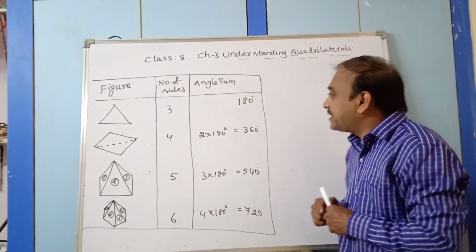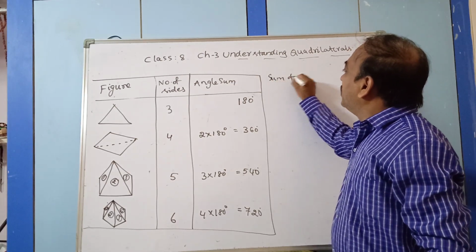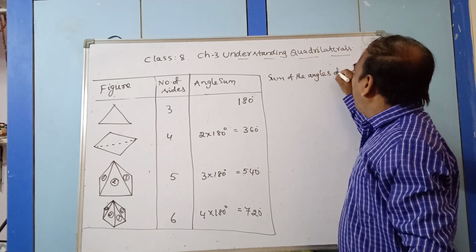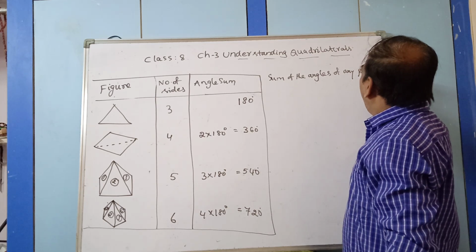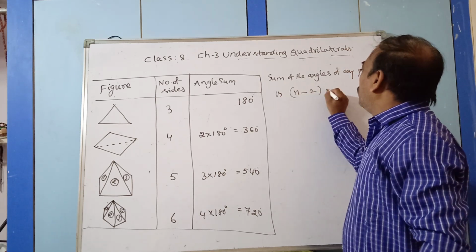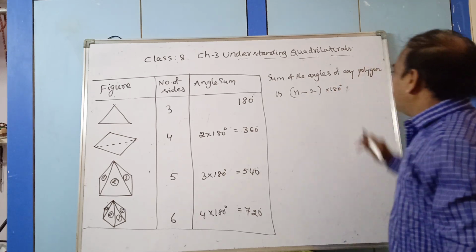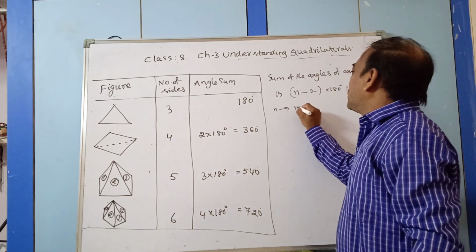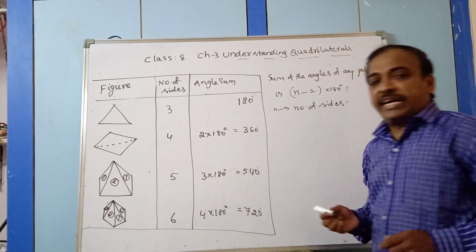So the sum of the angles of any polygon is n minus 2 into 180 degrees, where n is the number of sides.